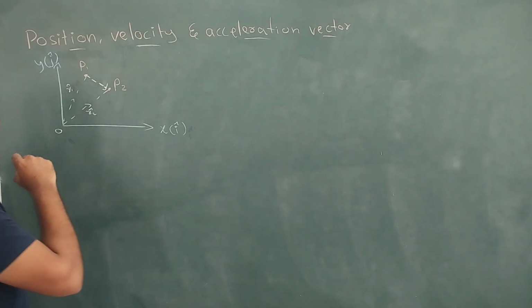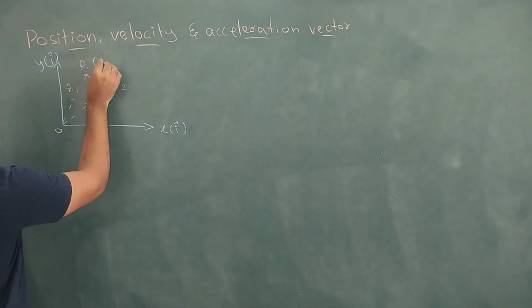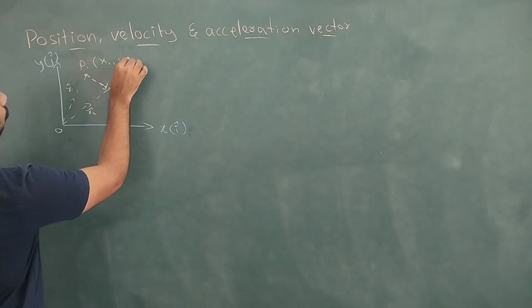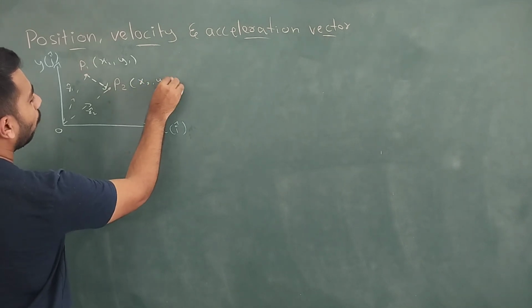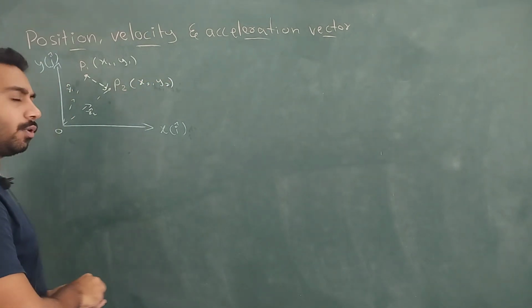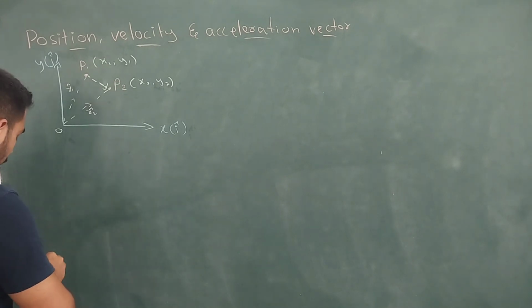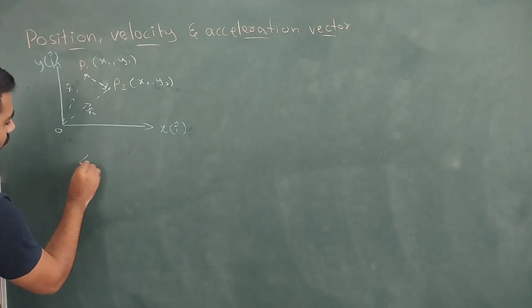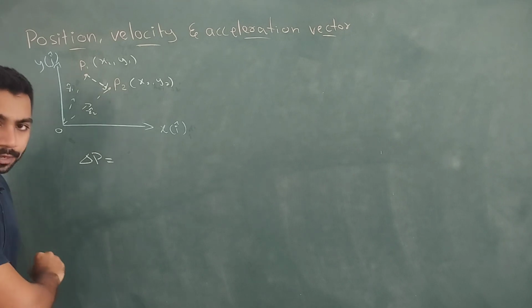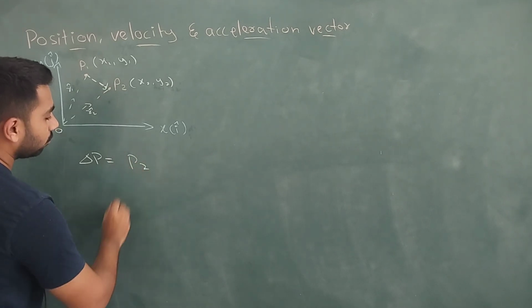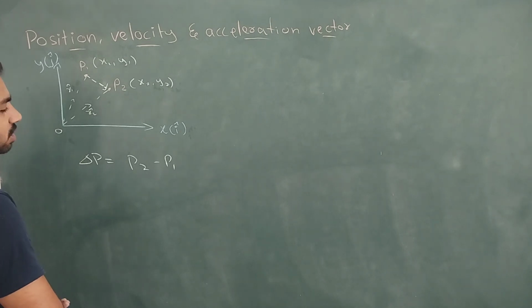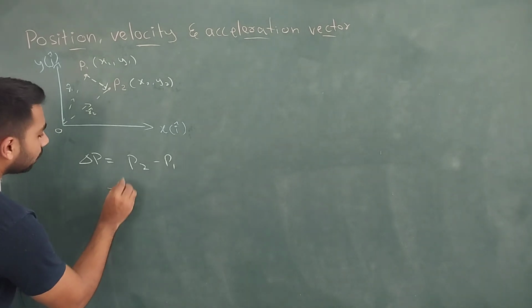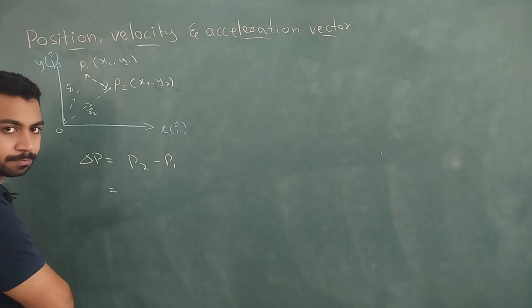This P1 has coordinates, let's say x1, y1, and this one has x2, y2. For writing displacement, we know final position minus initial position. This we know, we have been learning it for many years.